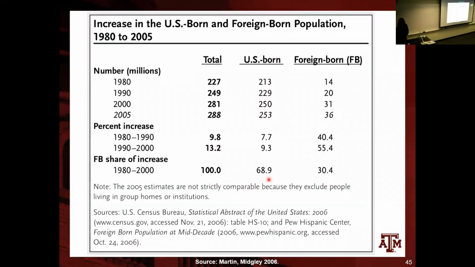But still 70% of the increase was due to the US-born population, because the stock of US born in the country was 213 million in 1980 compared to 14. The overall share of the increase of the population is still due to US-born people. But this is an interesting number, 30% due to the foreign-born increase from 14 million to 31 million.